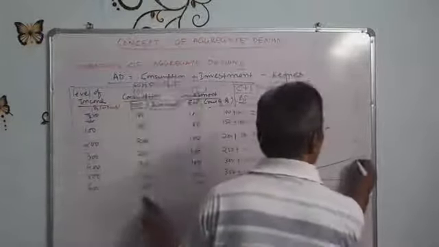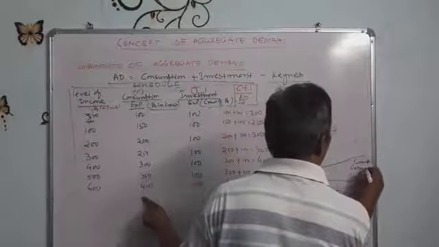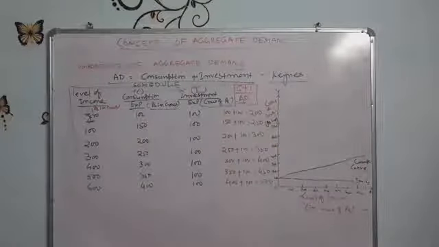This is called the consumption curve, or aggregate consumption curve.